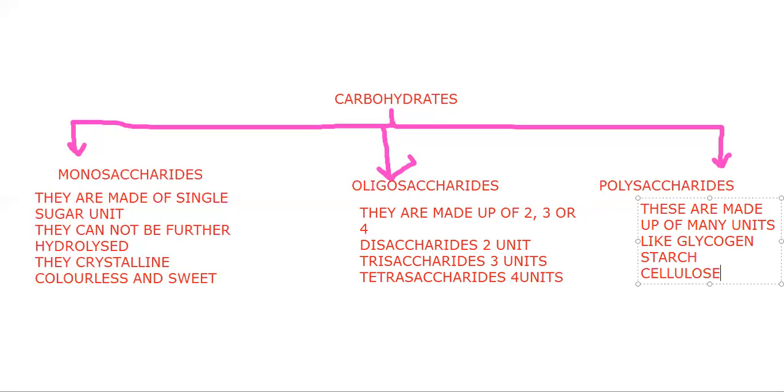So accordingly, in this slide you see that we have divided the carbohydrates into 3 categories, and the first category we'll talk about is monosaccharides. Let's look at the next slide.